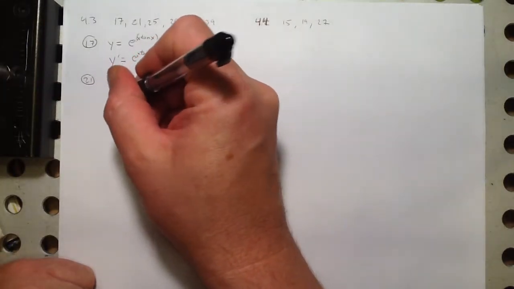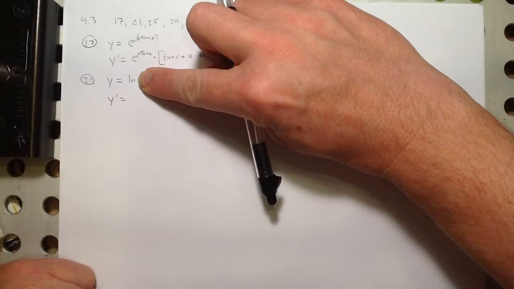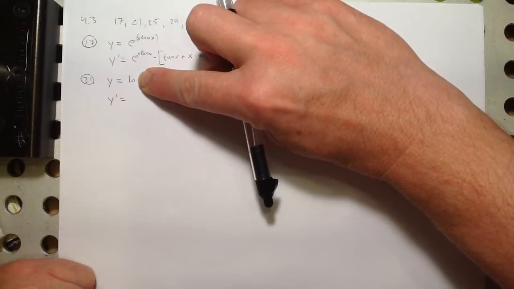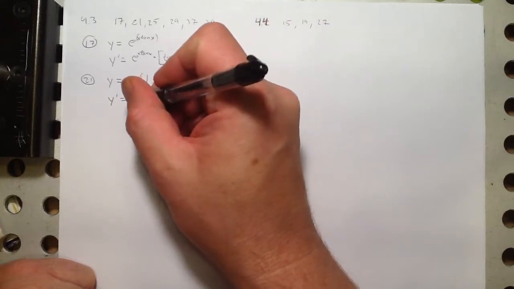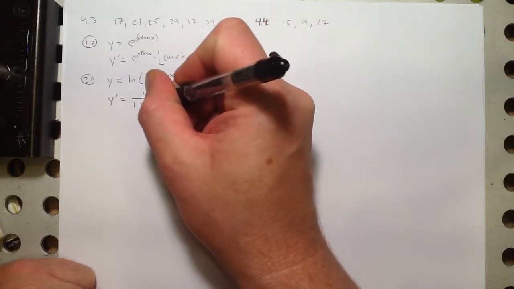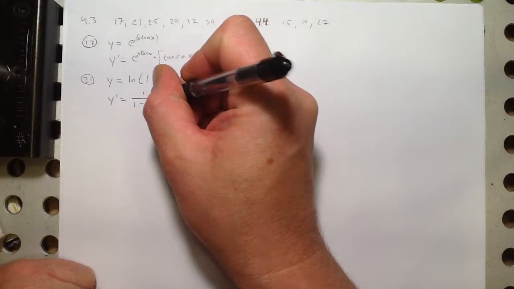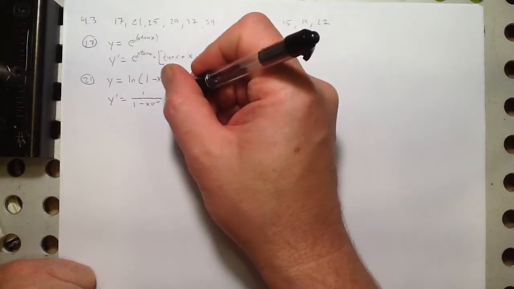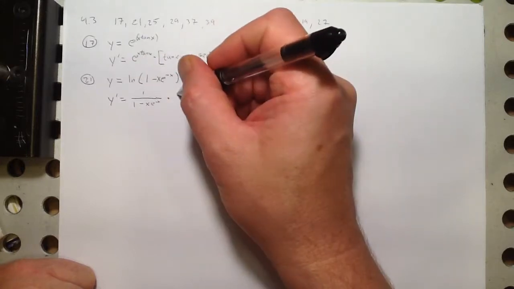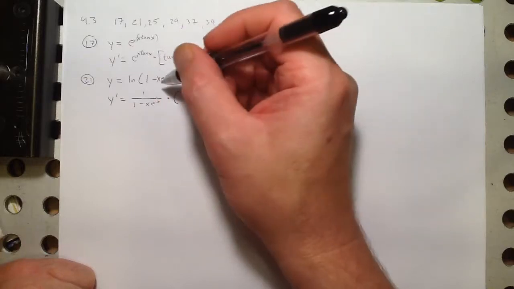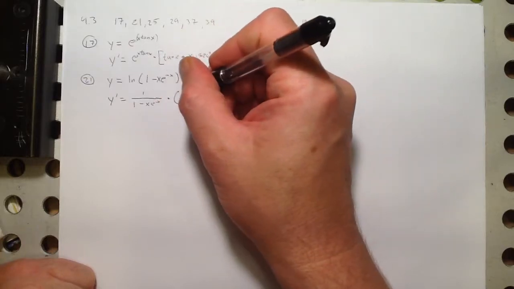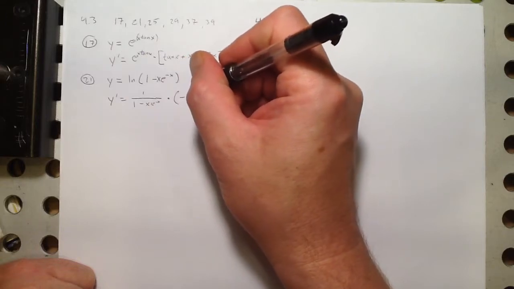The derivative of natural log of whatever is 1 over whatever, times the derivative of what's inside. The derivative of what's inside here, derivative of 1 is 0. And then I'm going to put the negative sign on the outside here.